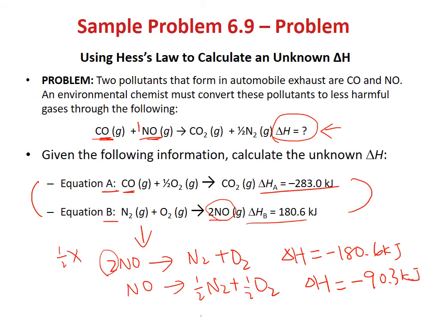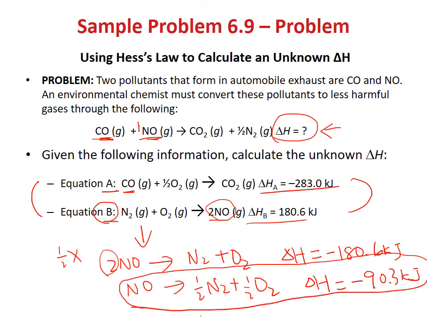So for reaction B, by modification, we get a new reaction. Now if this is B prime, and we add A, do we get the overall reaction? Okay, we'll see in the next slide.